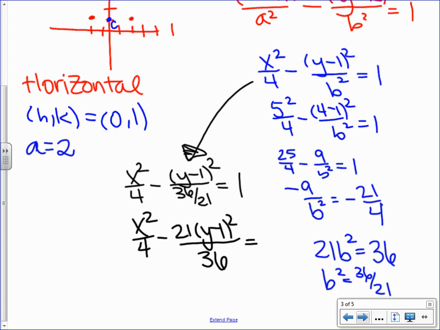Write it like this. I want to know how I got from here to here. Questions on this one?